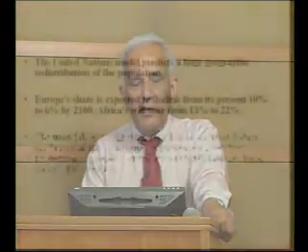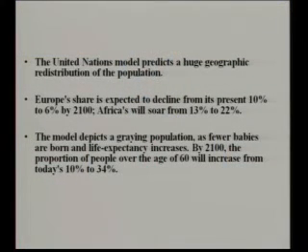Now, from what I mentioned, on the basis of the growth rate, you can also do modeling and projections, which I'm coming to a little later. For example, Europe's share, currently 10% of the world population, is going to decline in the next 100 years to 6%.